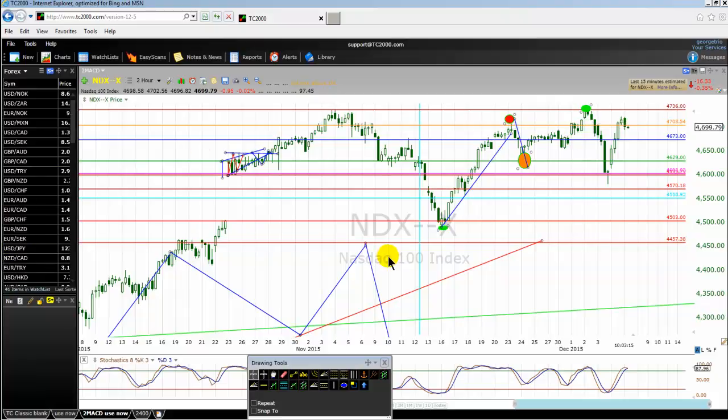So zero loss, zero gain. It's a win because I did not lose. We can control the risk if the price reaches the first target and we do not want to close the trade. We can move our stop loss to break even.